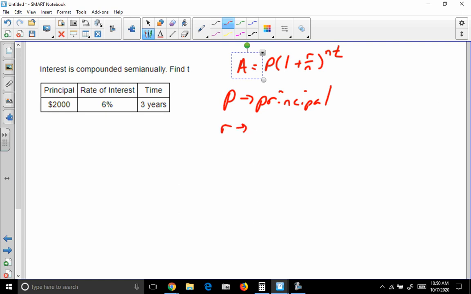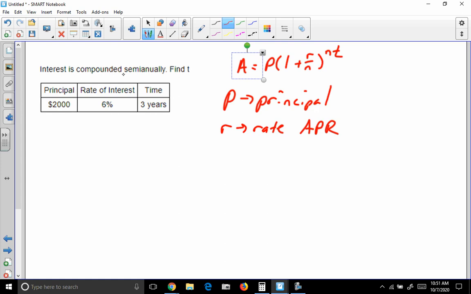R is your rate, which is your annual percentage rate. So if it says 6%, that means 6% annually. Now, if it's 6% annually, that doesn't necessarily mean you get 6% interest every single time. That just means your total annual rate is 6%.